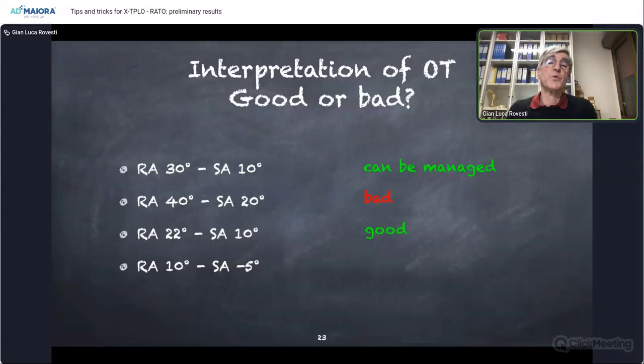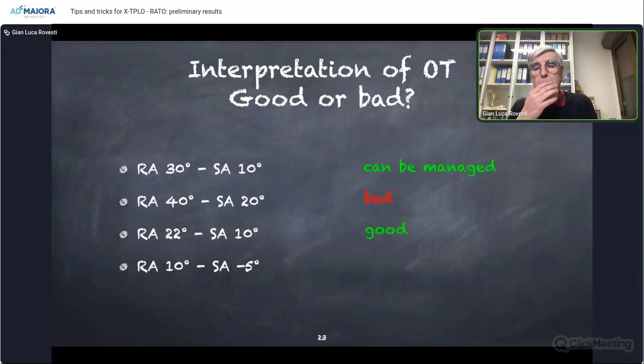And what about if we have 10 degrees of reduction and -5? So we have to go to the negative side of the adduction to achieve the subluxation.